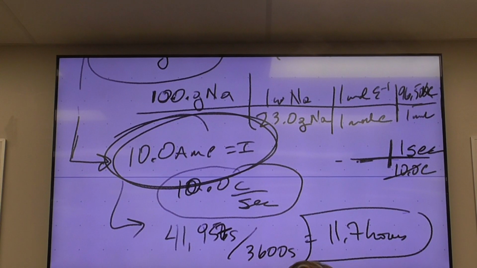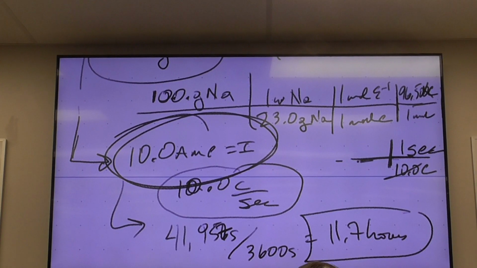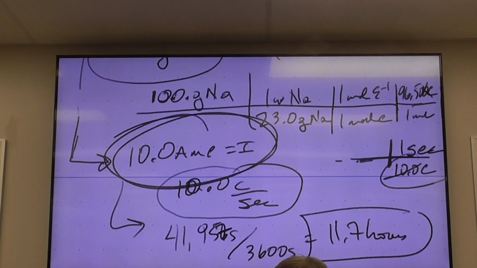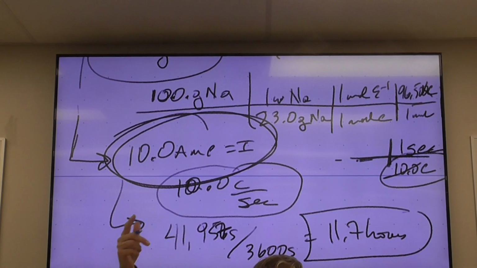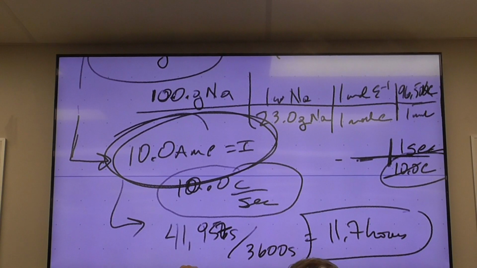So if you wanted to do this in less time, would you run more current or less current? More, because then in that last cell, you're dividing by a bigger number. But what's your trade-off from an engineering perspective?